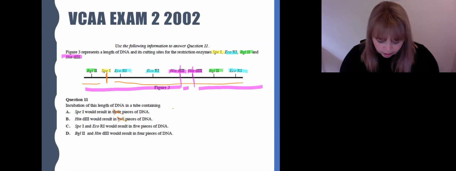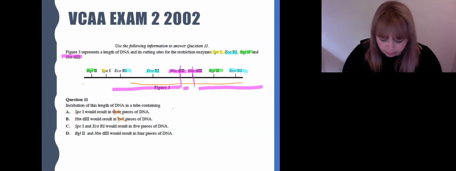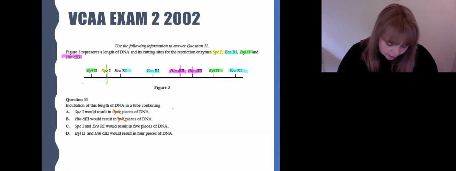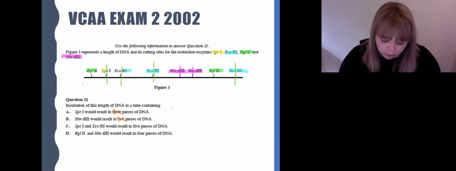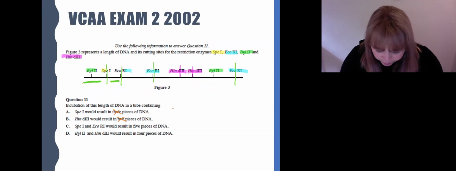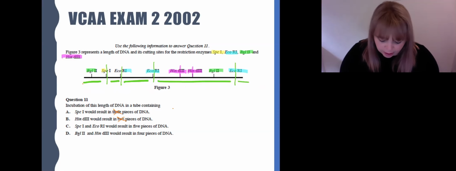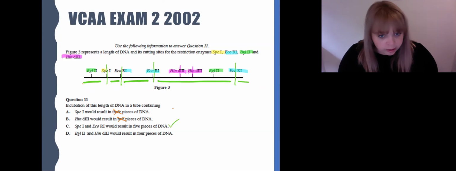So that one's wrong. SPE1 and EcoR1 would result in 5 pieces of DNA. So I'm going to remove my markings here to make it easier for you to see. If I cut it with SPE1 and EcoR1, I cut 4 times. So I get 1, 2, 3, 4, 5 pieces of DNA. So that works at the moment.